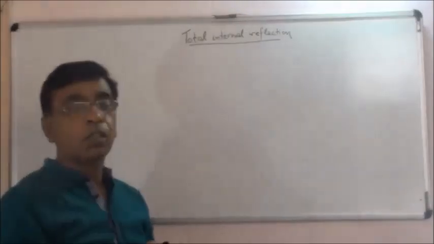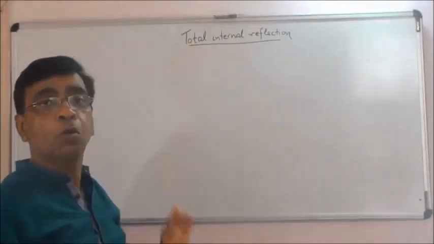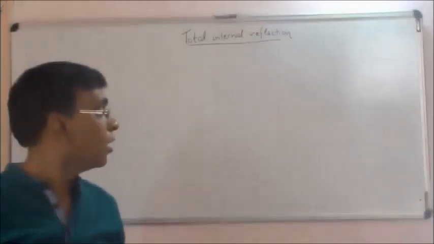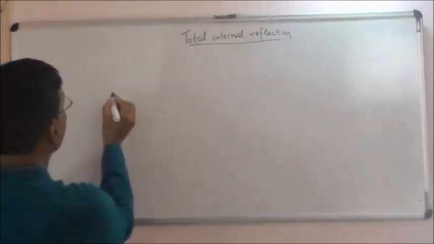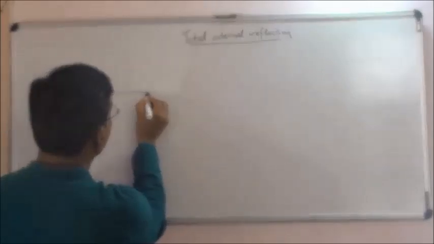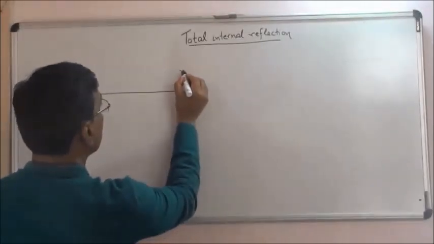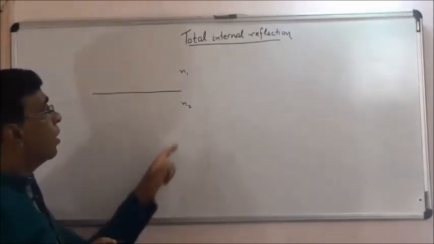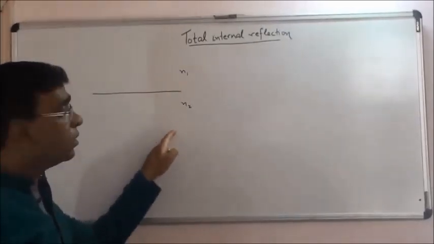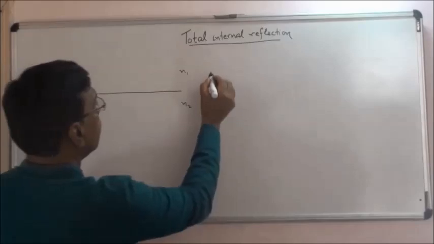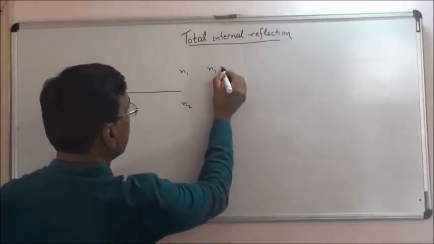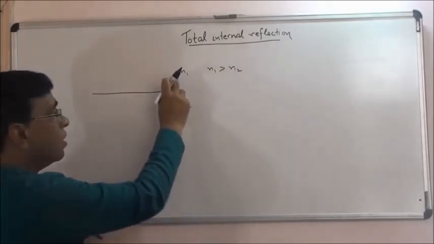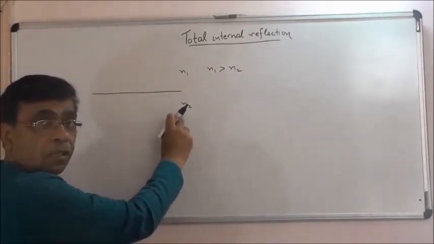In this class, I will tell you about total internal reflection. We have already done refraction. Now, I am taking two different mediums, and N1 greater than N2 means this medium is denser than this one.